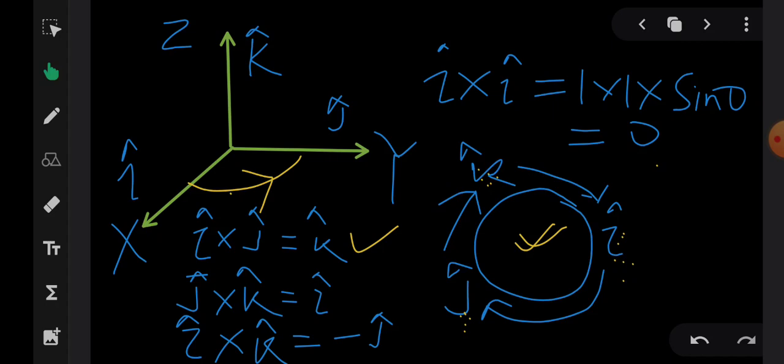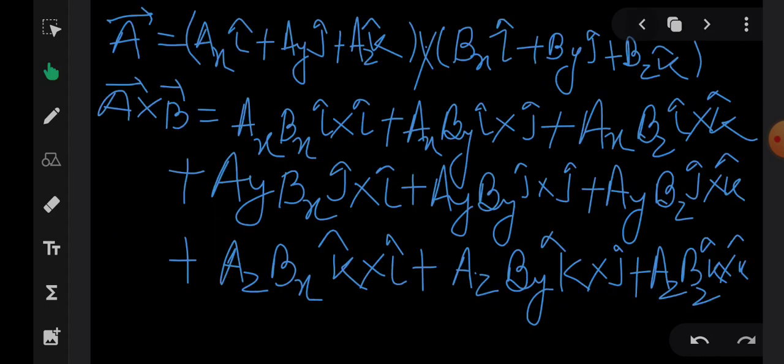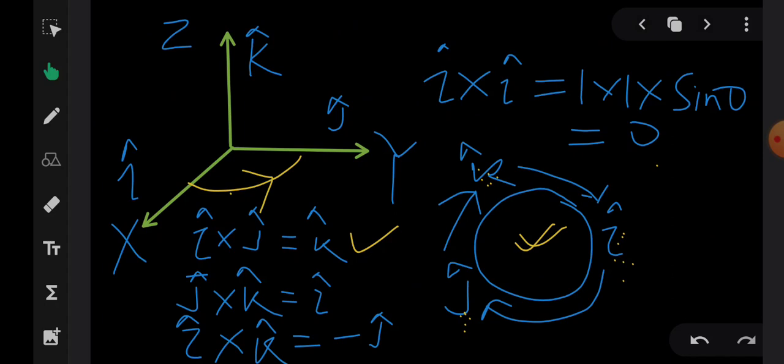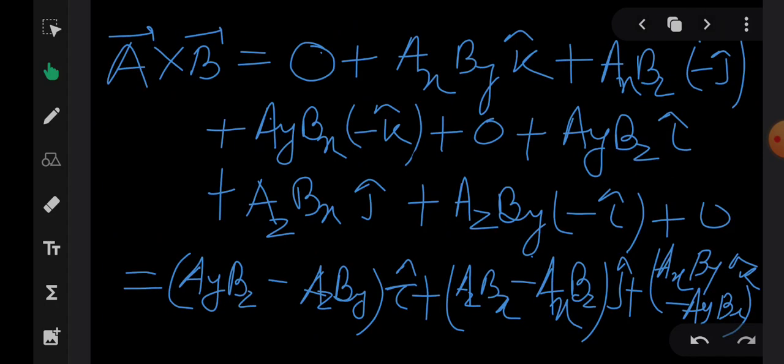So now if we use these products here, then we finally come here. Similar vectors, their product is 0. I cross I, J cross J, K cross K is 0. Others can be obtained by using the idea as I have explained.